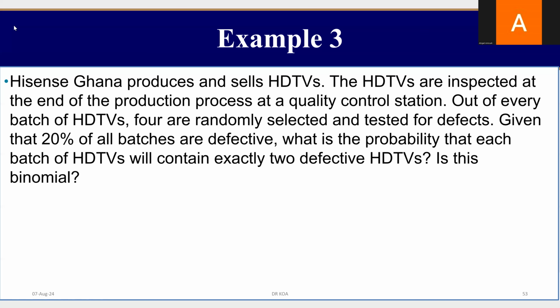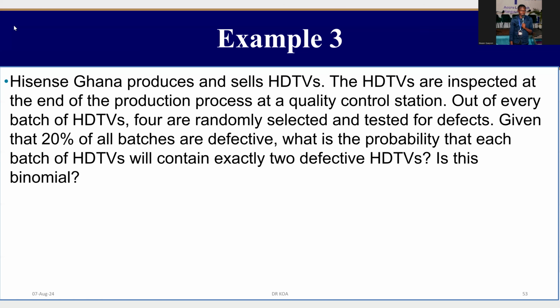All right. So what shows that this is not a Poisson but is binomial? Guys, I won't lie to you, you have to have a clear sense of distinguishing between the two. Yes, Eliza. Sir, because any TV that's selected can be either defective or not defective.